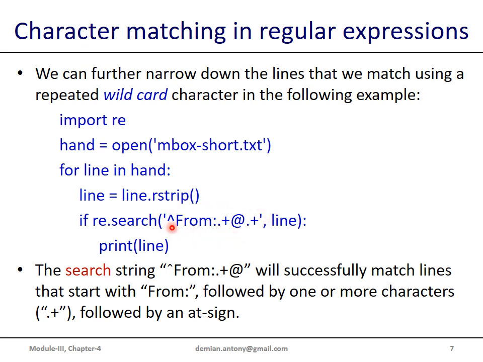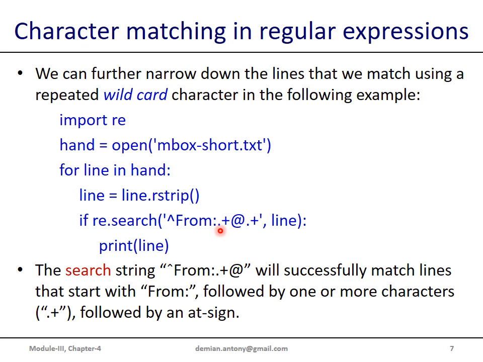First we have to see whether from is found at the beginning. Yes, from and colon. Then I have to check for the username. Username is normally found before the at symbol. So I have to have at least one character as a username. That one character can be any character right now.